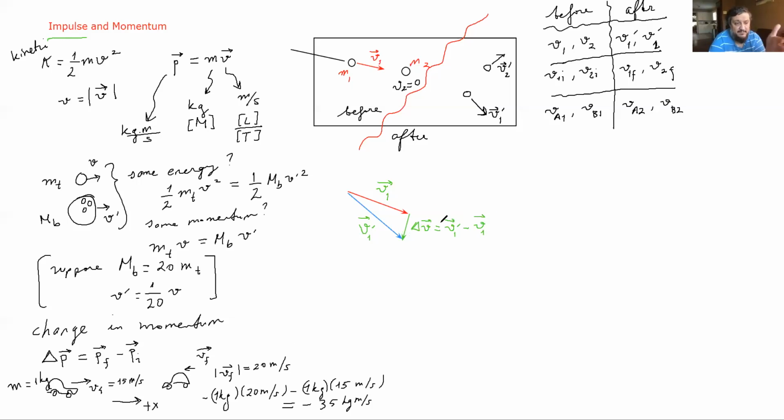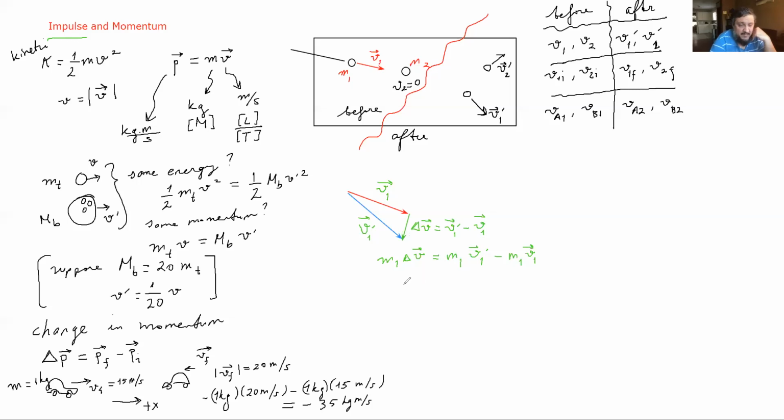You just multiply everything by M or M1, and you get M1 times delta V equals M1 times V1 prime minus M1 times V1.